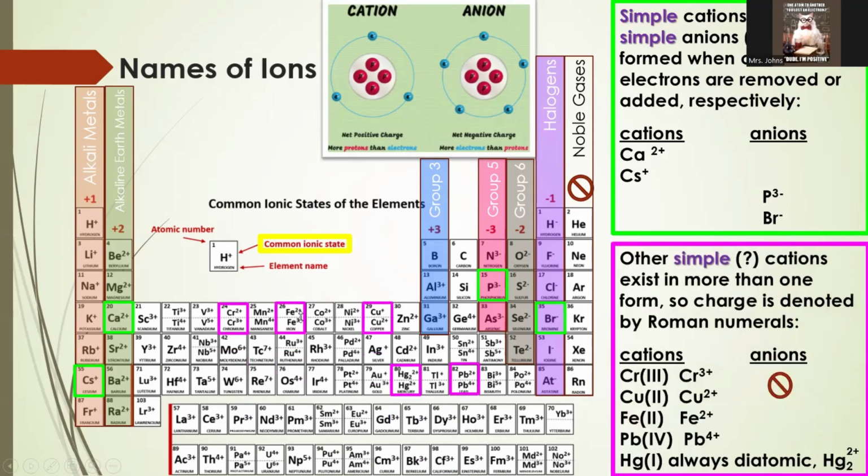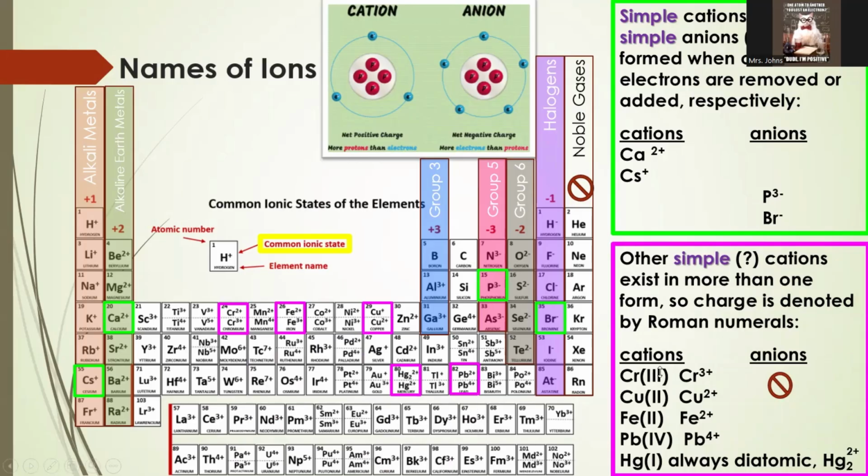Now, these are not as simple. If you notice some of the ones in purple here, they have 2 different charges. There are lots of them that like to form more than one type of ion. Here are some examples.